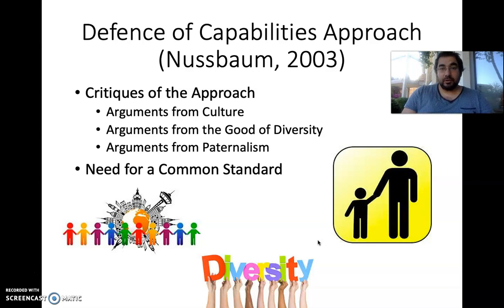For her, it is necessary to have a common standard, which means we should be able to decide what are necessary needs and capabilities that we have to have in order to meet those needs.